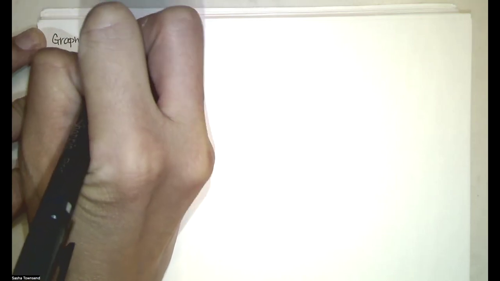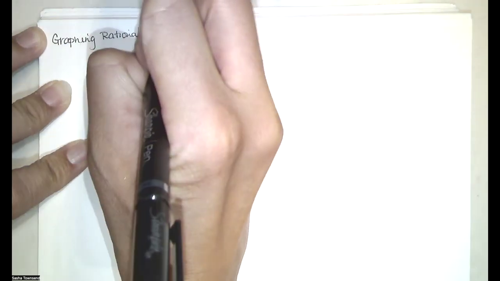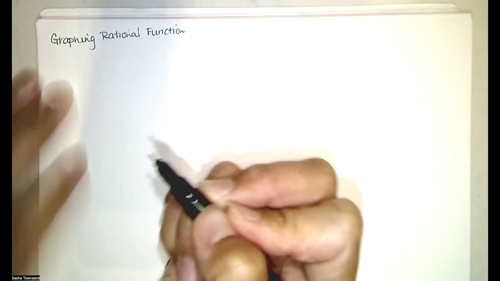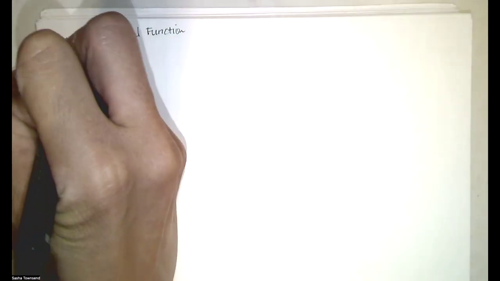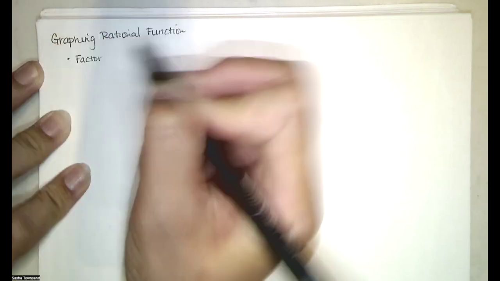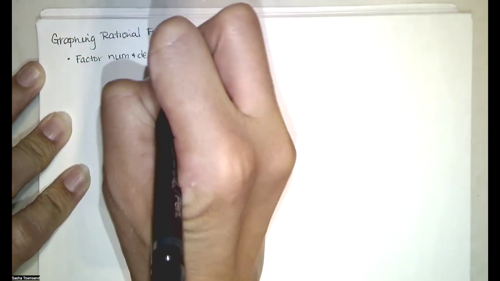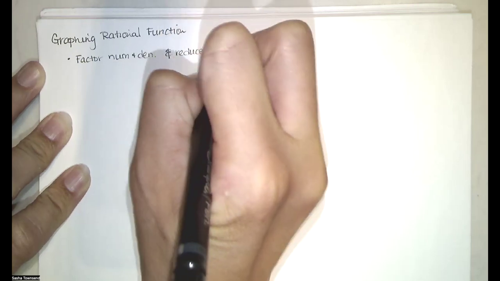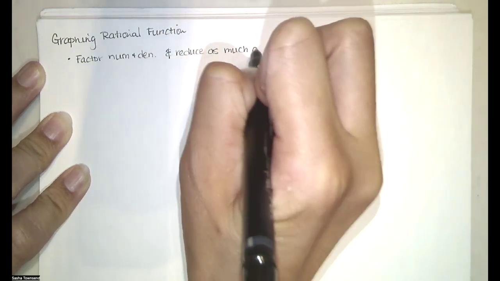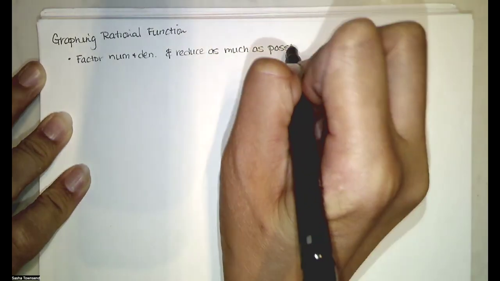So let's review what we talked about last time. When we're graphing a rational function, if we have a common factor in the numerator and denominator, we want to factor the numerator and denominator, excuse me, and then reduce as much as possible. So reduce any common factors.